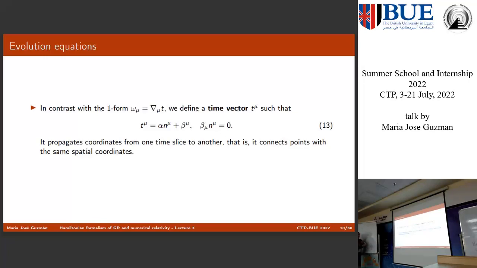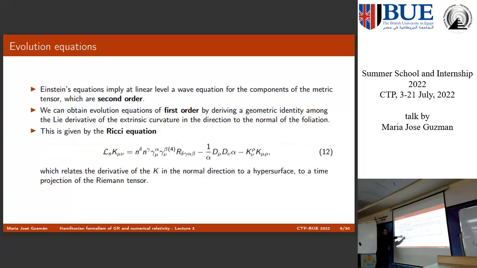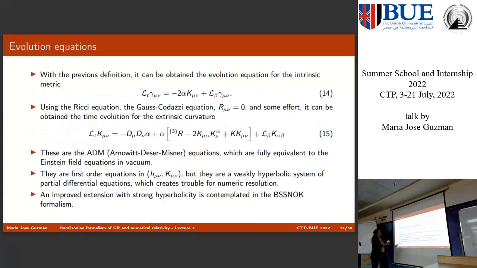The normal vector I can express in terms of the time vector and the beta, and I can express the Lie derivative of this vector in terms of the Lie derivative of this other vector times alpha plus the Lie derivative of the shift. Just using some mathematical properties of the Lie derivative, and then mixing all the equations that I showed you previously. We already removed the constraints, so now we are left with the dynamics, and what we get is dynamics for the intrinsic metric and the extrinsic curvature.